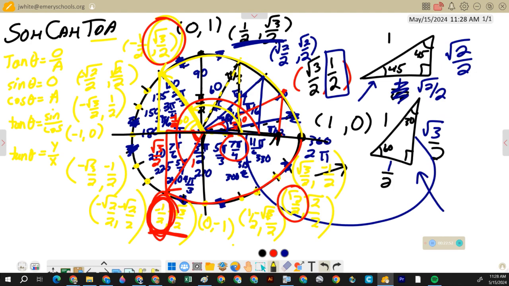All right, so what is the tangent of, let's say, 0 degrees? So I go to 0, and I take the y value, which is 0, and divide it by the x value, which is 1. So the tangent of 0 is 0. Okay? What is the tangent of 225?